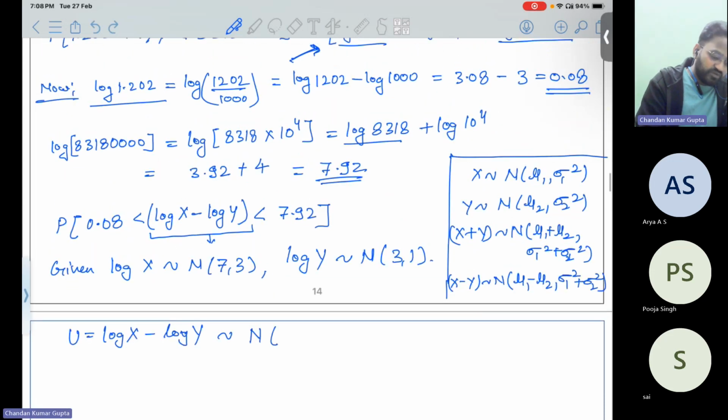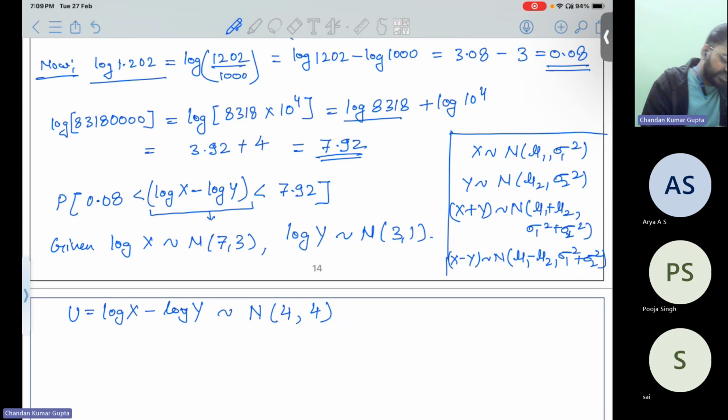So with the help of this property of normal variates, log x minus log y has mean 7 minus 3, which is equal to 4, and variance 3 plus 1, which is equal to 4. So this quantity follows normal 4, 4. So the last step is what? Can anyone tell me?